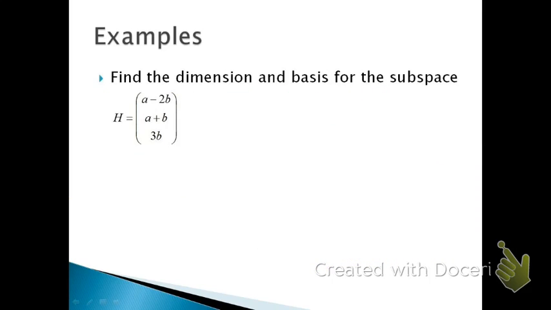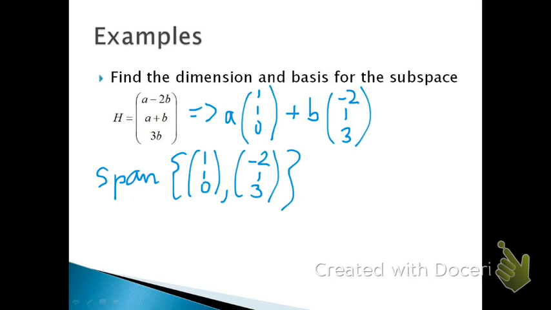Now let's find the dimension and basis for this subspace H. We notice we can write this space as a times the vector 1, 1, 0, as given here, plus b times the vector negative 2, 1, 3. So we know that H is spanned by these two vectors, but we must check to see if these two vectors are linearly independent and if they form a basis.